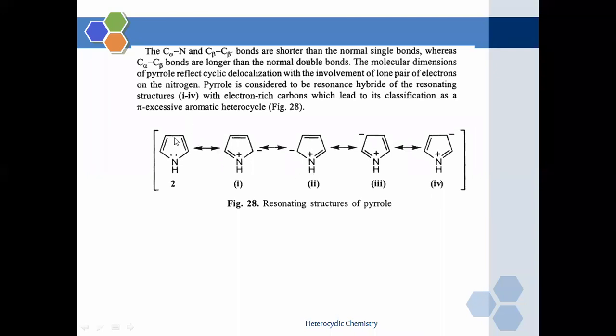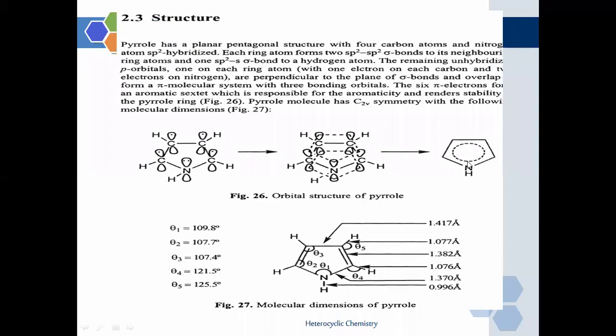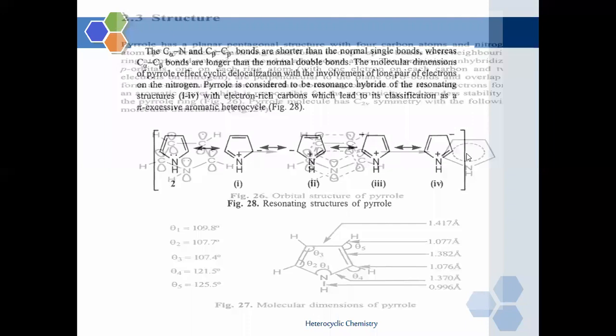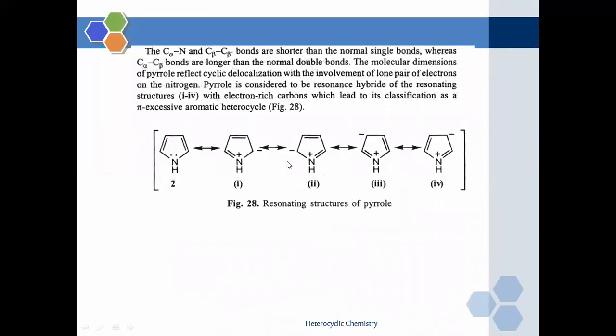As there is continuous delocalization of the pi electrons inside the ring, pyrrole shows resonance hybridization, and it is a resonance hybrid of resonant structures 1 to 4 with an electron rich carbon atom, which leads to its classification as a pi excessive aromatic heterocycle.